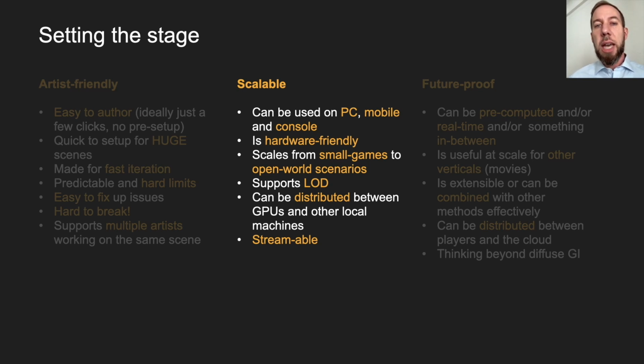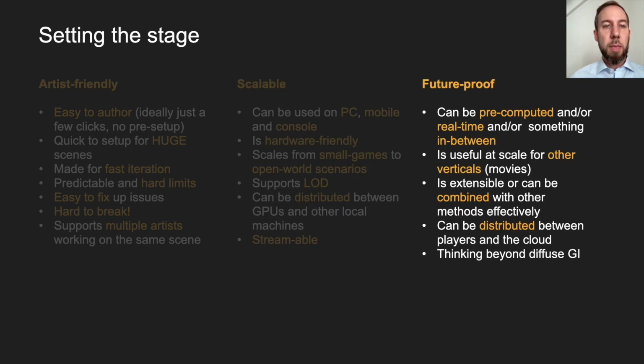Finally, a solution that can be chunked up into packages and distributed to multiple GPUs or even other machines in the same network would allow artists to distribute baking or real-time computation of massive, high-quality GI, and that requires a somewhat defined streaming behavior. I called the final category future-proofing because graphics is a fast-paced field, and we ideally want our GI solution to survive for a couple of years.